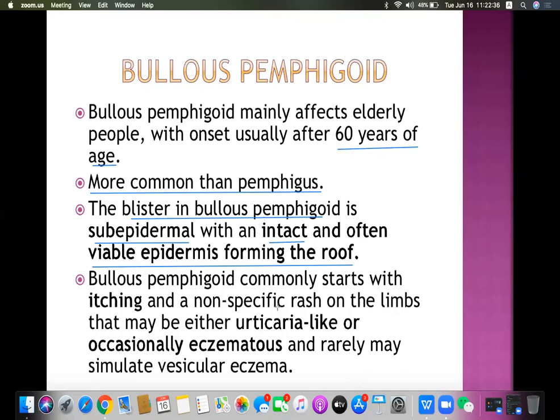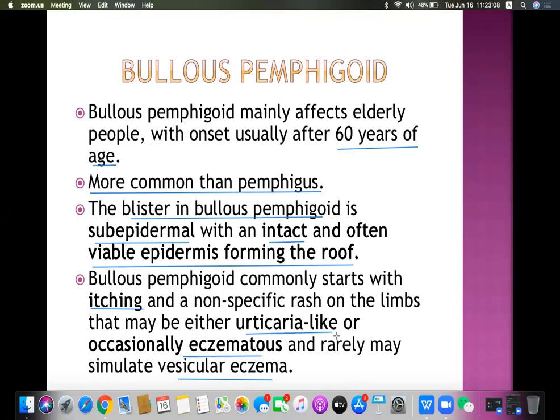Now, bullous pemphigoid commonly starts with itching. Itching is not common in pemphigus vulgaris. There is also a non-specific rash on the limb that may be urticaria-like, or occasionally eczematous, and rarely may simulate vesicular eczema. Remember, urticaria is an example of a type 1 hypersensitivity reaction.